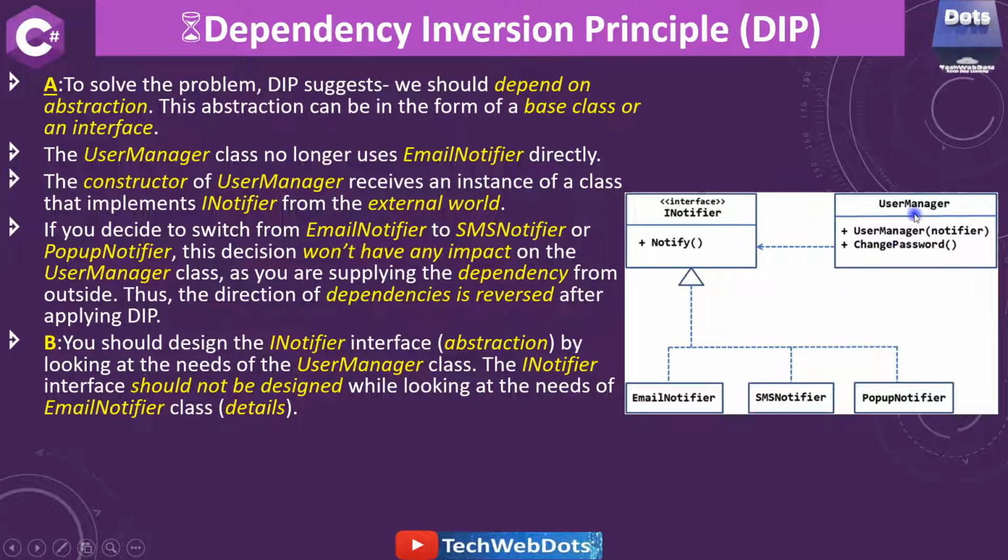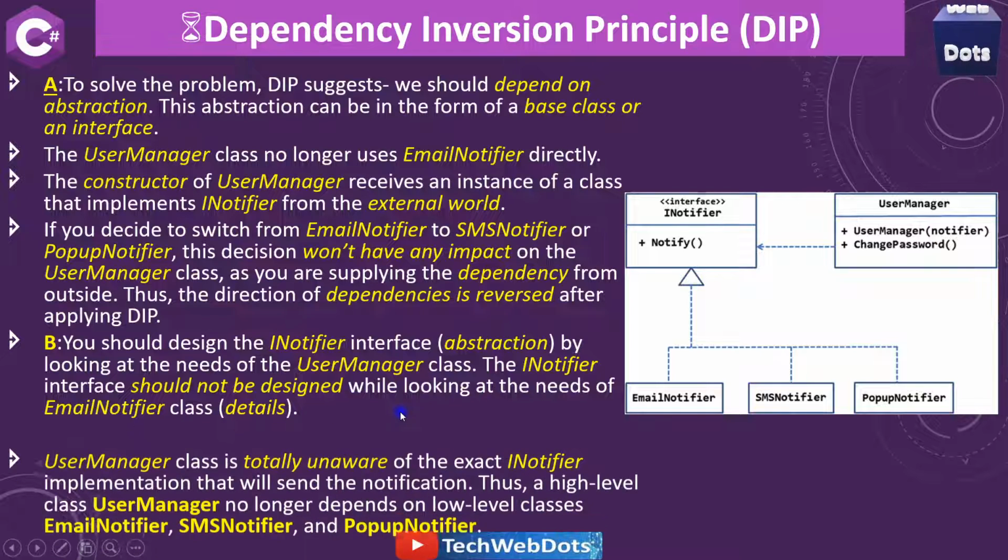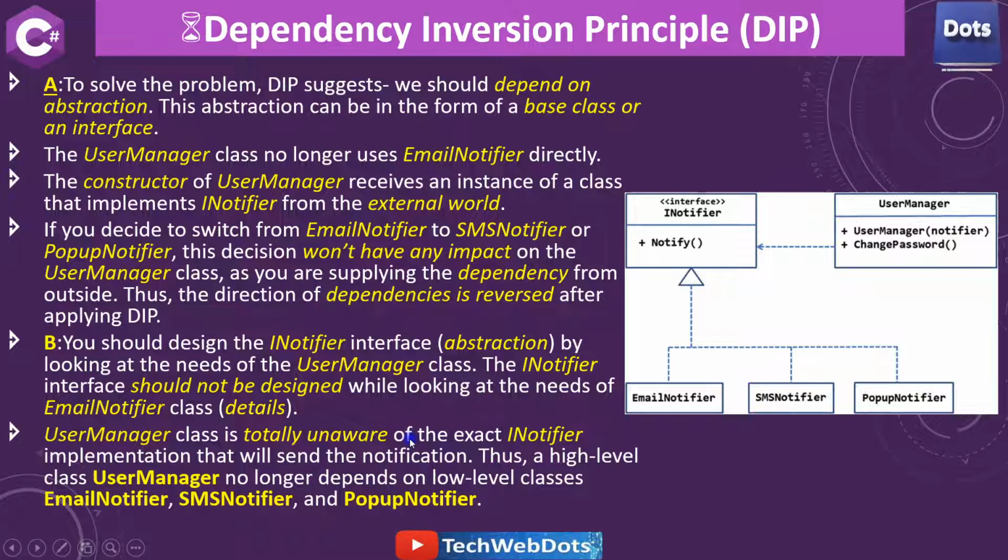Whatever is needed by the user manager, accordingly we decide what the iNotifier interface will perform. The iNotifier interface should not be designed by looking at the needs of the email notifier, which are details. So the user manager class is totally unaware of the exact iNotifier implementation that will send the notification.